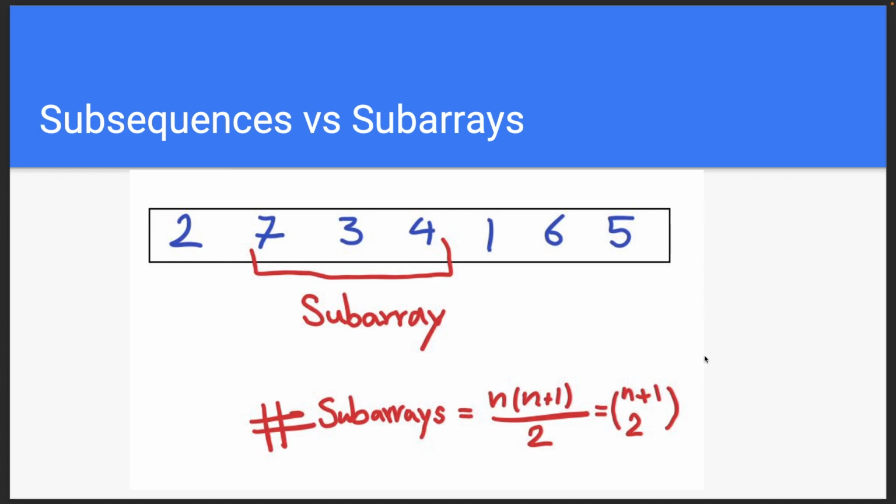That would be the definition of a subarray. What would be the number of subarrays? That would be exactly this formula. We can see this problem like this.